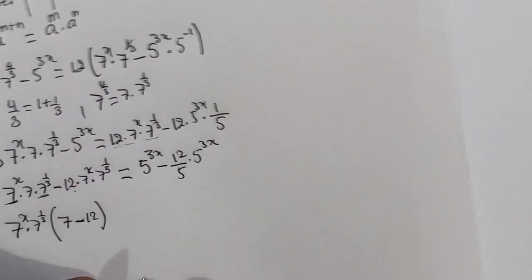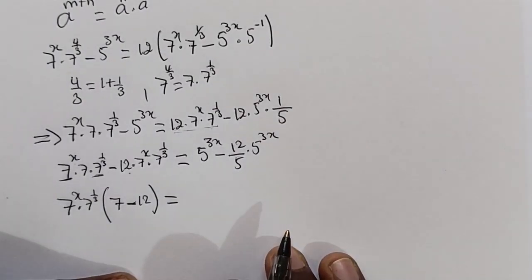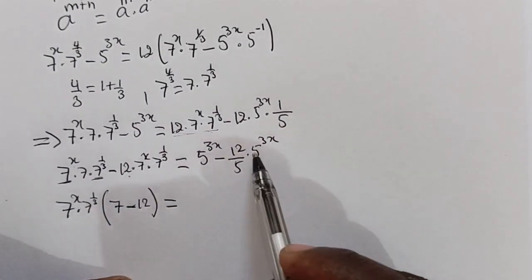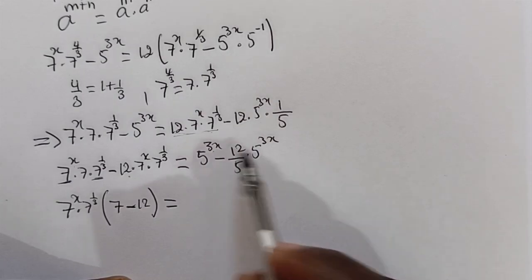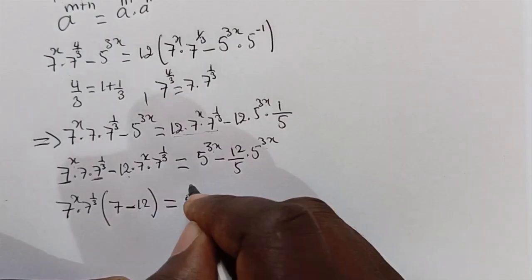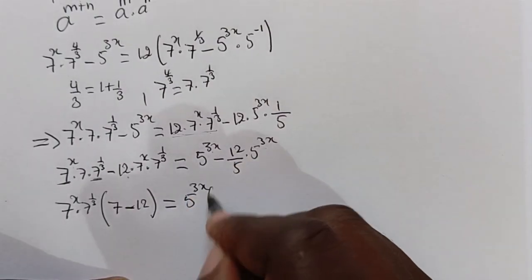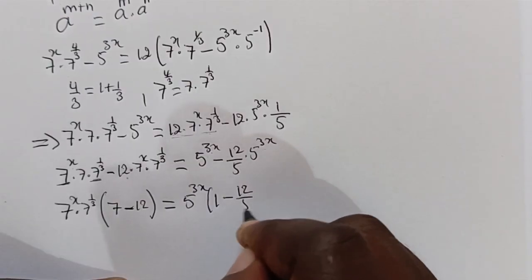That's minus 5. And this will be equal to factorizing this 5 to the power of 3x. It's here and here. Factorize 5 to the power of 3x. I will remain with 1 minus 12 over 5.